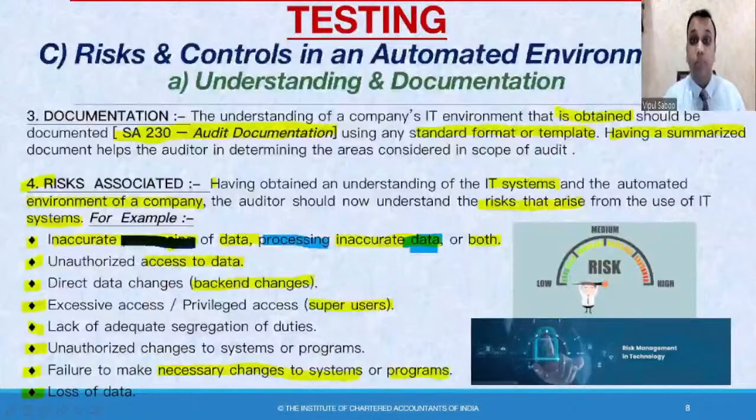Super users are people who have access to everything in the company, but the terms and conditions of their employment contract, the roles and responsibilities as per their designation, their post in the organization, doesn't allow those access. Even then they are getting those access.